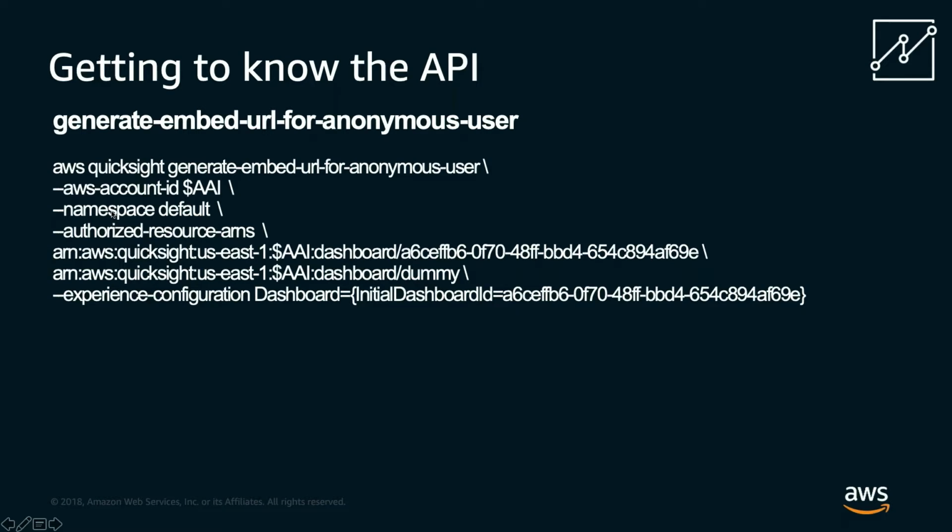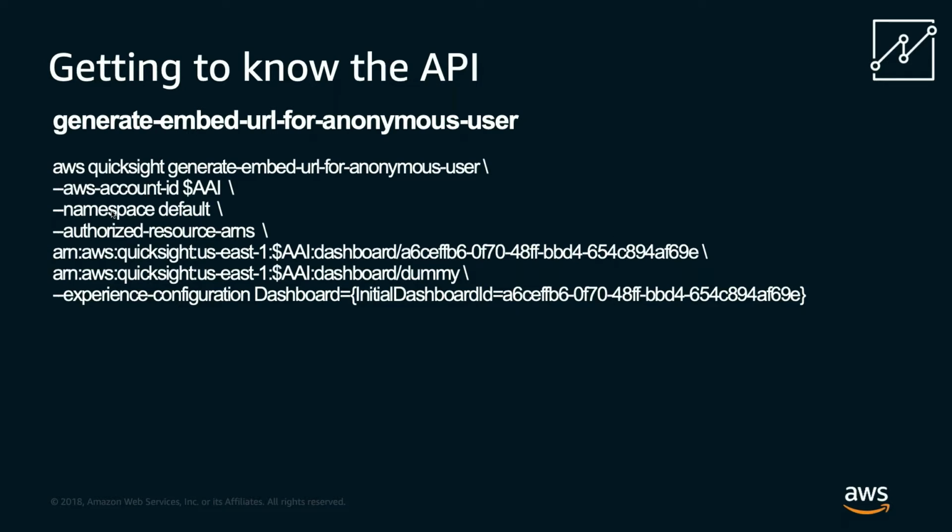Now you might be wondering, namespace is a construct that's more related to users and groups for multi-tenancy user isolation. Why is that factoring in anonymous embed URL generation API? Where this comes in handy is you might still be using this in a multi-tenant setup.